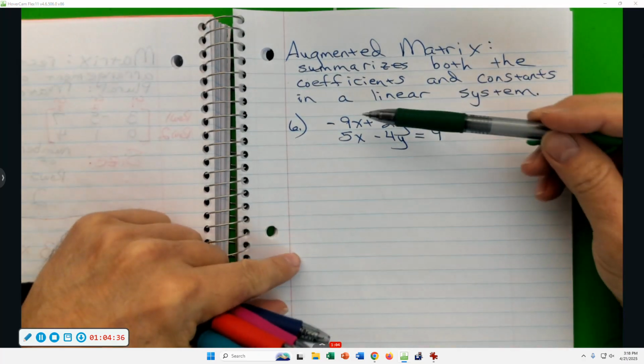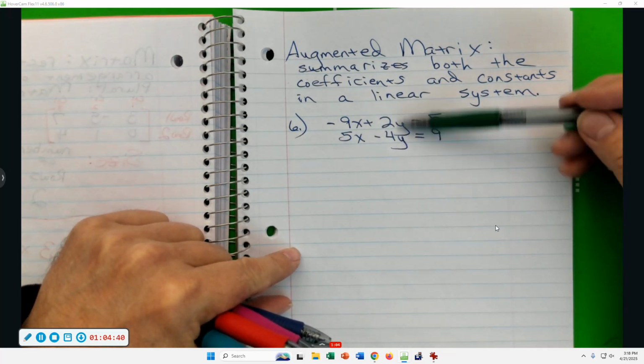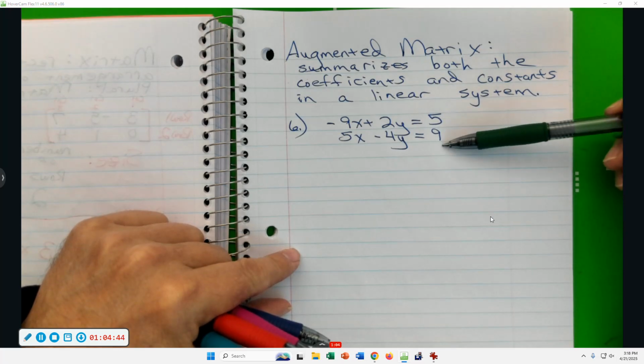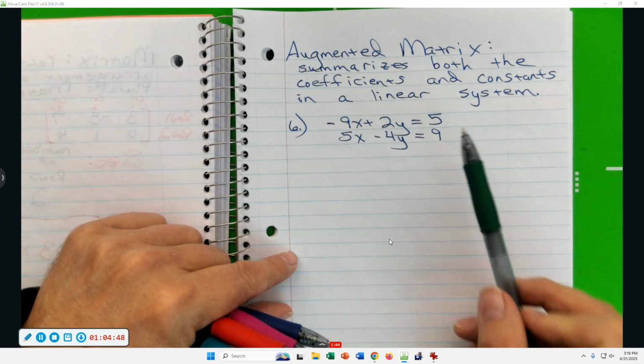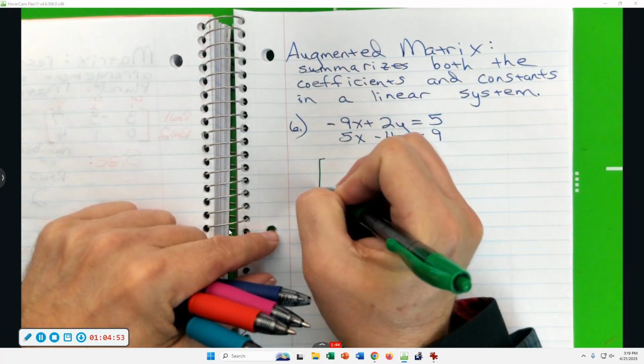Okay, you need to make sure the like variables, there are my x's, are aligned. Here's my y variable aligned, and my constants are on the right-hand side. There are two equations. That means my augmented matrix will need two rows.